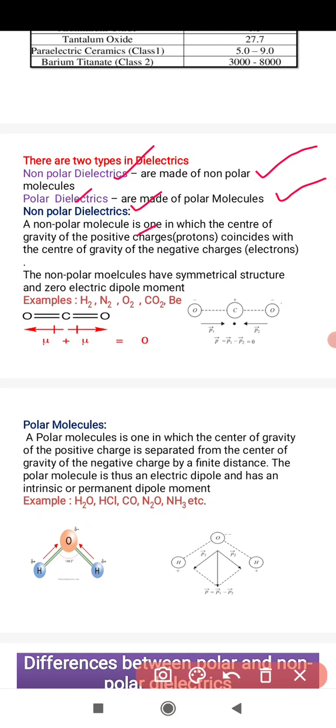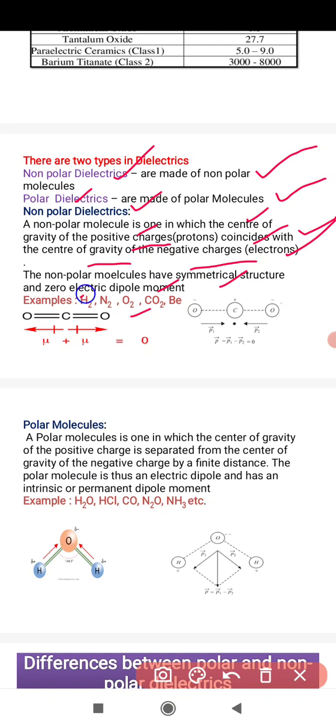Non-polar molecules are ones in which the center of gravity of the positive charges, like protons, coincides with the center of gravity of the negative charges, like electrons. That is, non-polar molecules have a symmetric structure and zero dipole moment. In this case, the number of positive charges and the number of negative charges are equal, hence they coincide and the dipole moment is zero.